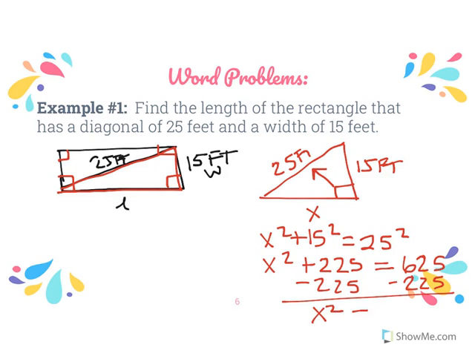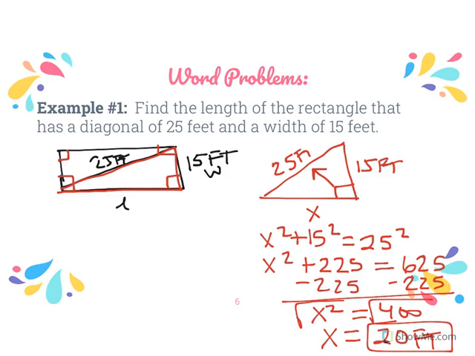So now I have x squared equals, and we should be getting the 400. So now I'm going to take the square root of both sides. The square root of 400 actually comes out to be a nice value of 20. So we were in feet, so I have 20 feet, and that is the length of my rectangle.